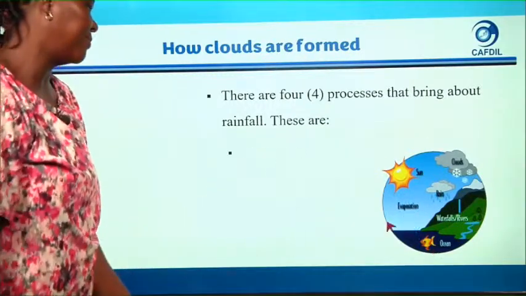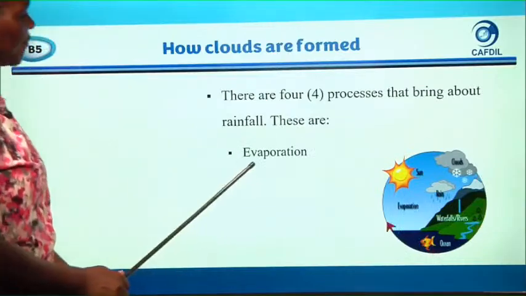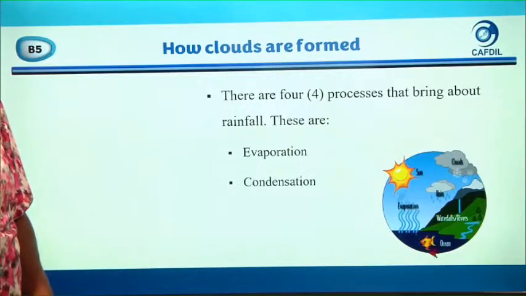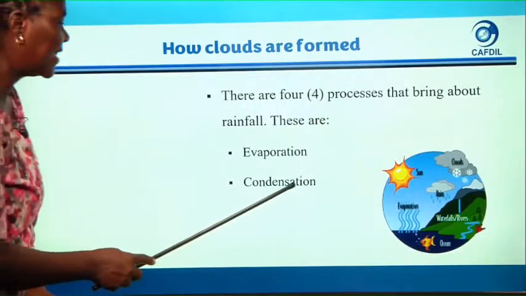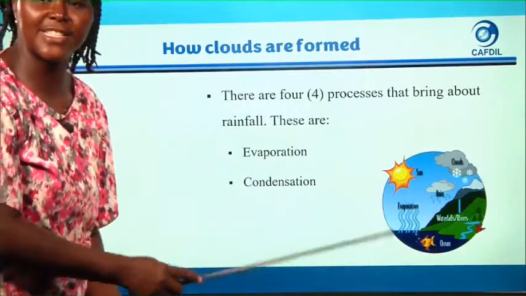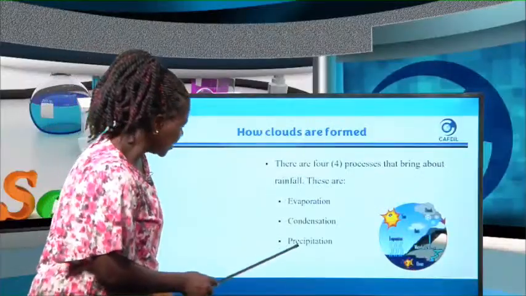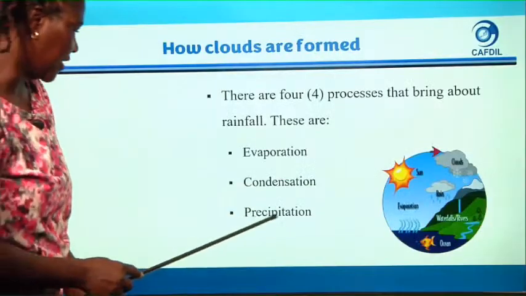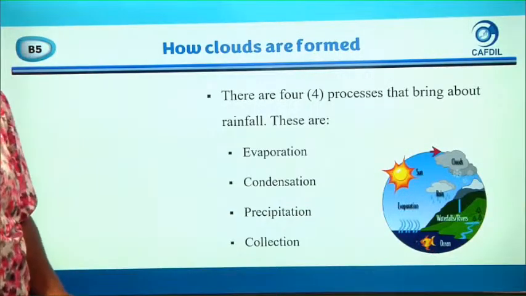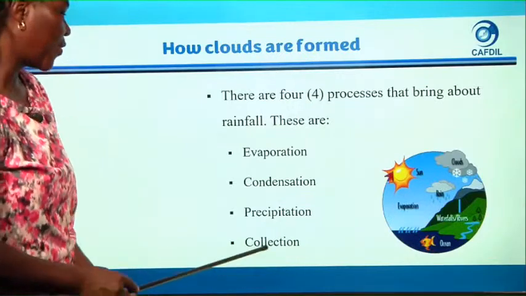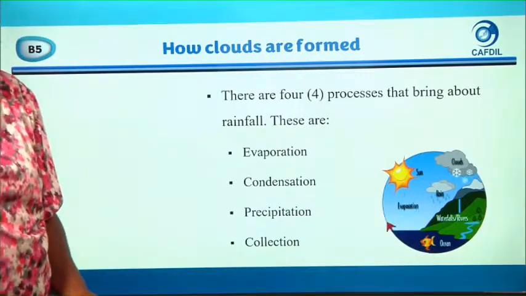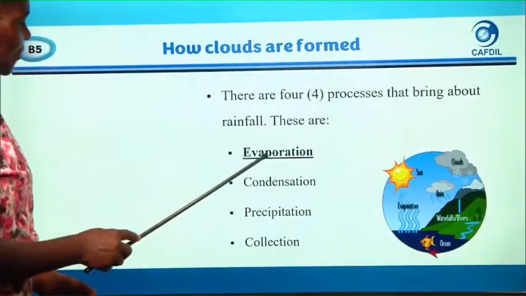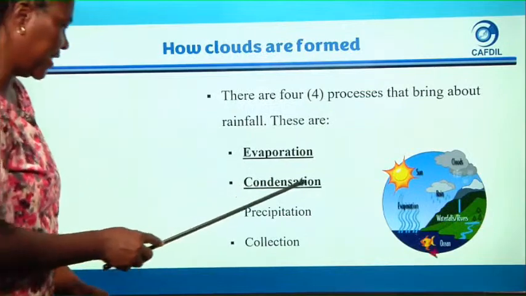The first one is evaporation, the second one is condensation, the third one is precipitation, and the last one is collection. But for today, we are coming to look at evaporation and condensation.